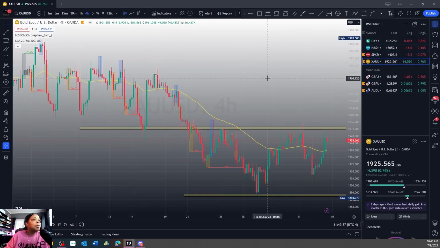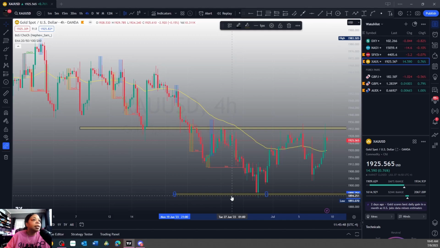And we're going to start with the most famous pair that I know, which is gold. I already have a zone drawn up on the 4-hour chart, and we're just going to go with where it already is and look at the levels from there, with a few little tweaks. What I like to do is create zones, and since I'm an intraday trader, I like to trade on the 4-hour chart and drop down to my lower time frames.